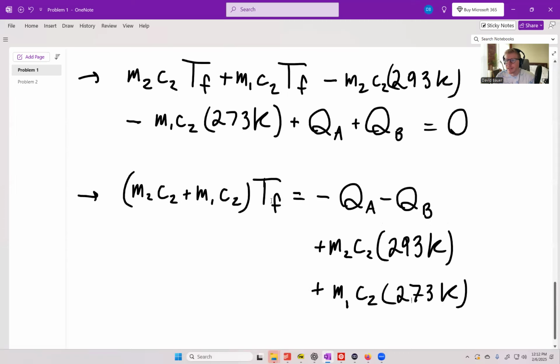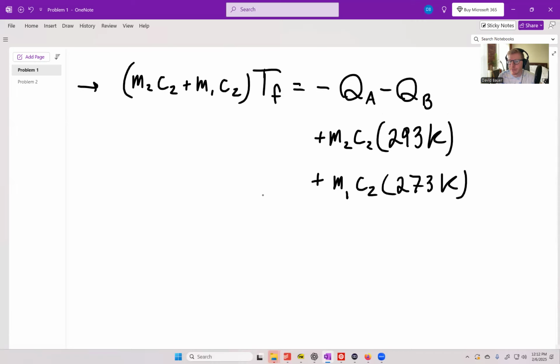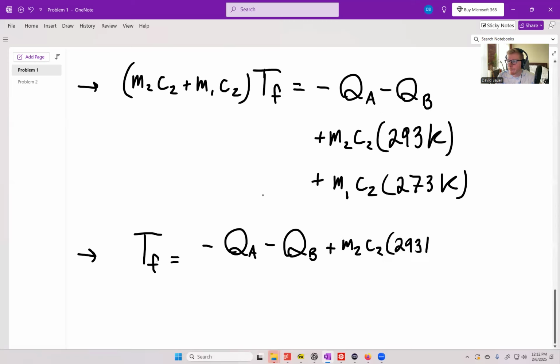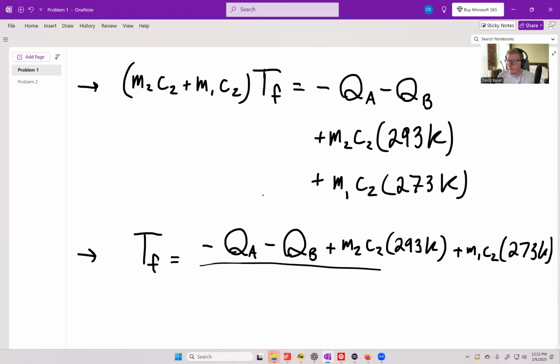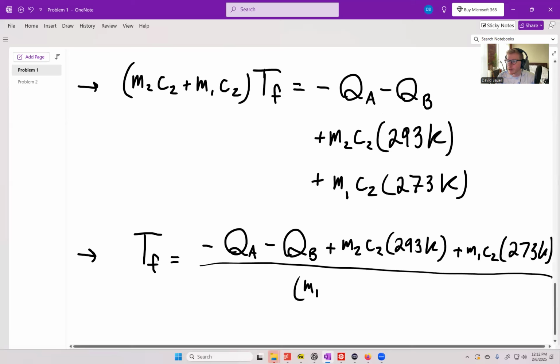And then I just divide by this thing in parentheses and I get my T final. So it's the total mass, M1 plus M2, times the specific heat of water.